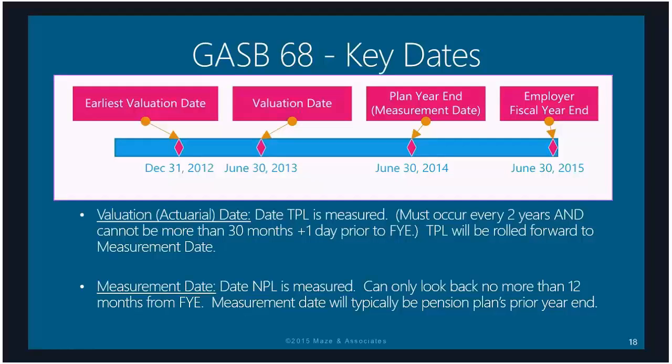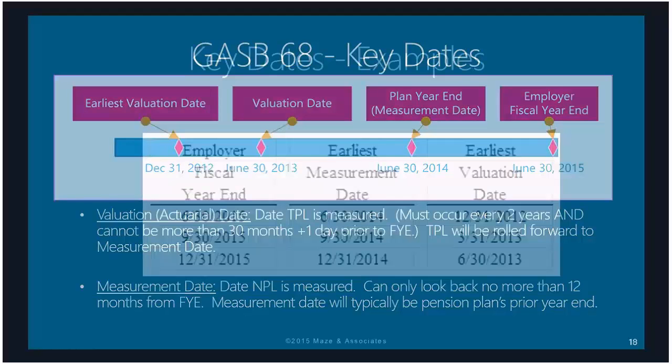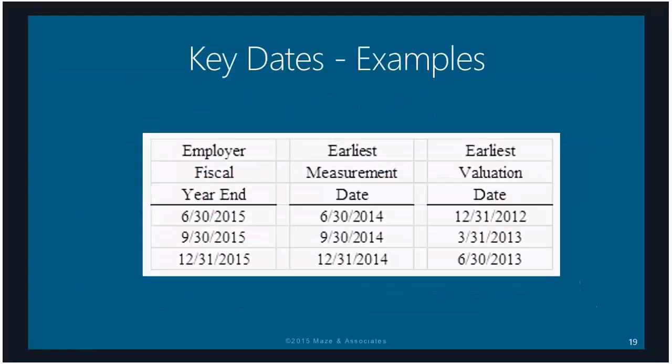So the next slide that we bring up has some key date examples. And like we touched on earlier, the 30 months plus 1 day is really in effect. Assuming everyone has a June 30, 2015 fiscal year end date, the earliest valuation date can be 12/31/2012.